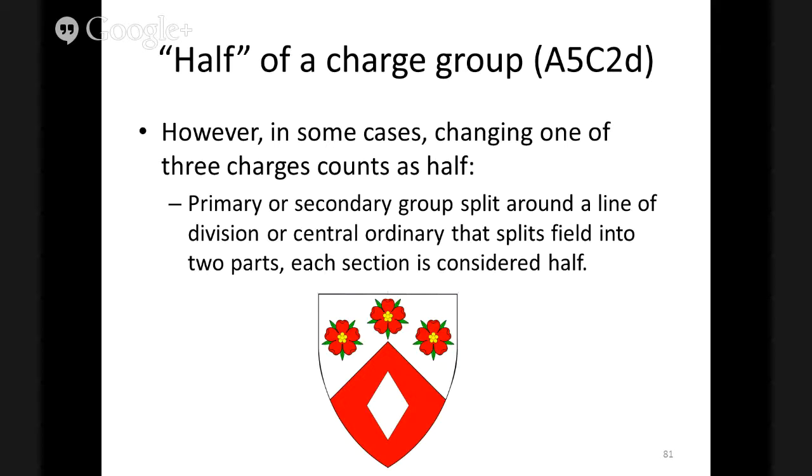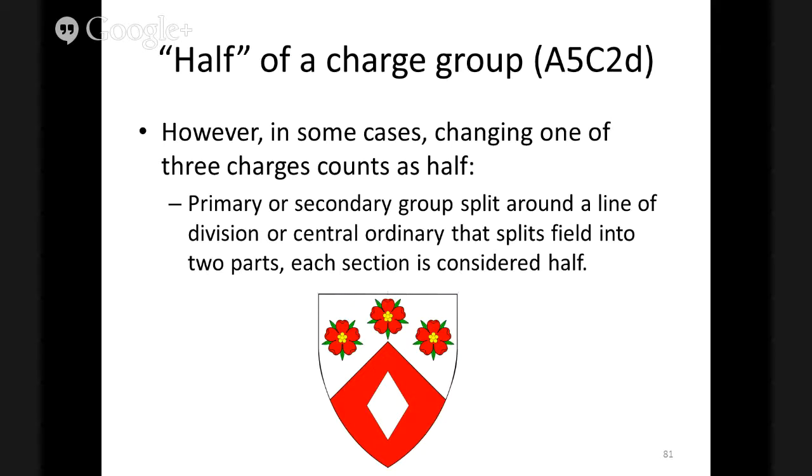Or before we blazon it, what's the primary charge group? The roses and the lozenge. Now somebody blazon it. Per chevron argent and gules, three roses proper, and a lozenge argent.